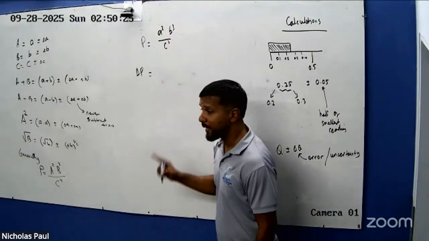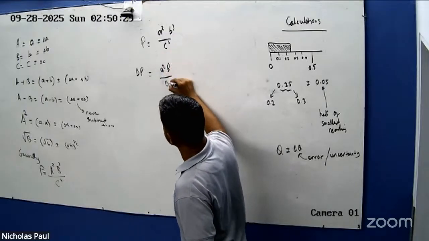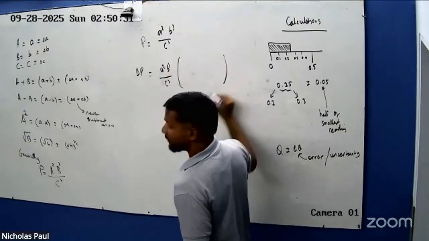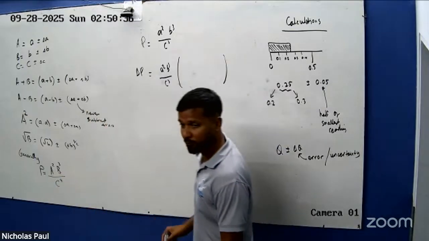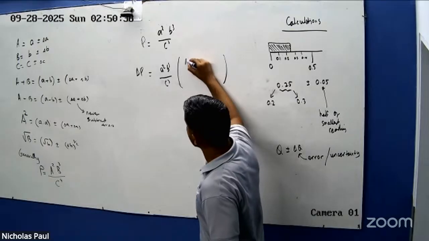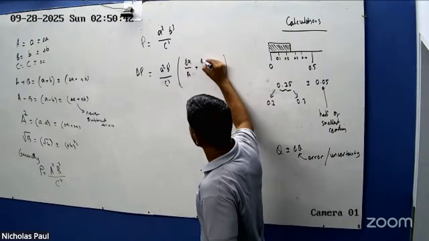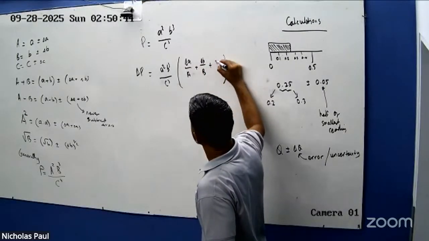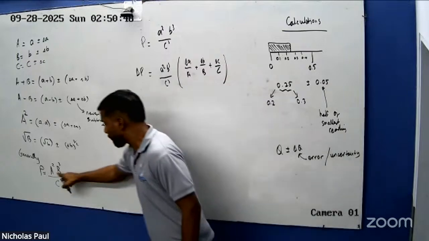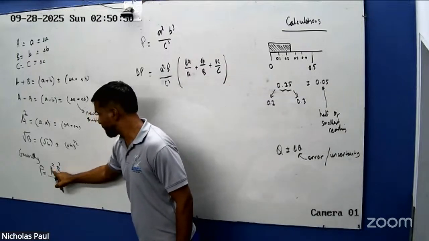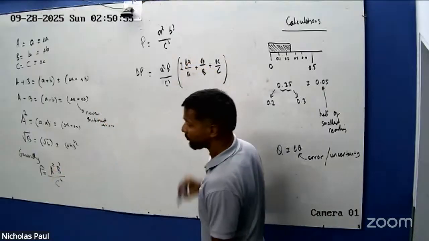How do we get the error now? You take this value, a squared, b cubed over c to the power of 4, and you multiply it by the fractional error of each one. So it will be the error in a all over a, plus the error in b all over b, plus the error in c over c. But there are two of these, so you multiply by 2.